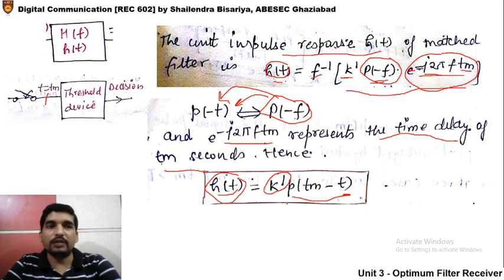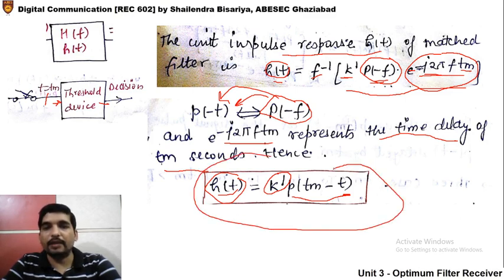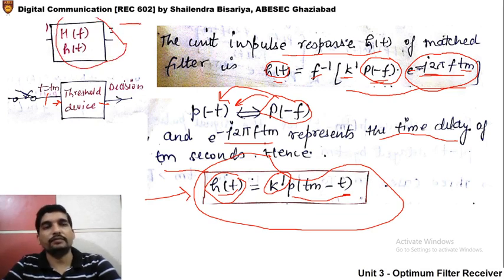Sampling at t equal to Tm, the impulse response is h(t) equal to K' p(Tm minus t). This is what we have concluded: if this is the impulse response of the filter, then you will get optimum linear detection at its output. So this is what we have concluded till now.